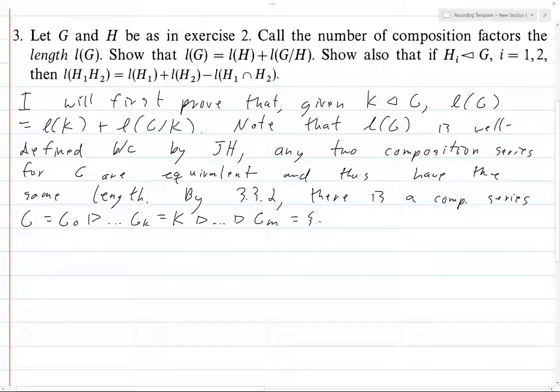Or I guess I wrote it as e. There's another problem that I've been working on lately where they just use 1. But anyways, this is a composition series, and it contains K. So that's the thing: not only that there's a composition series, but that it contains K. And that's what we know by 3.3.2.